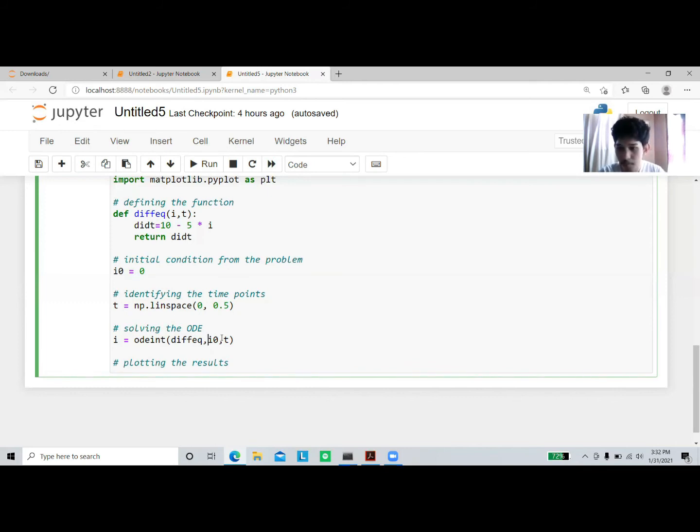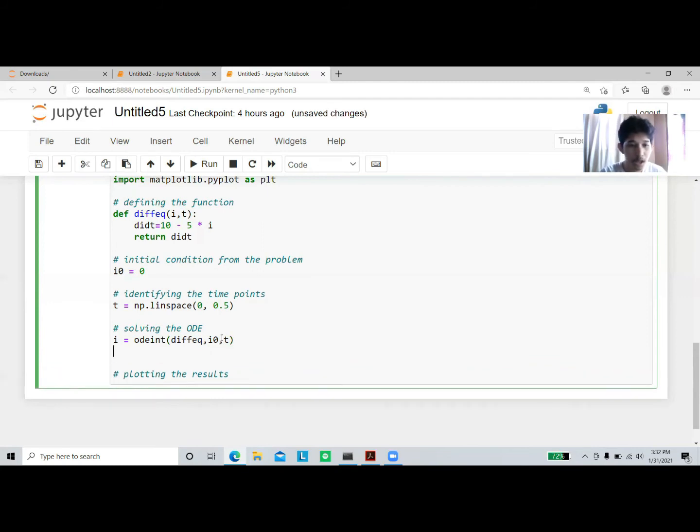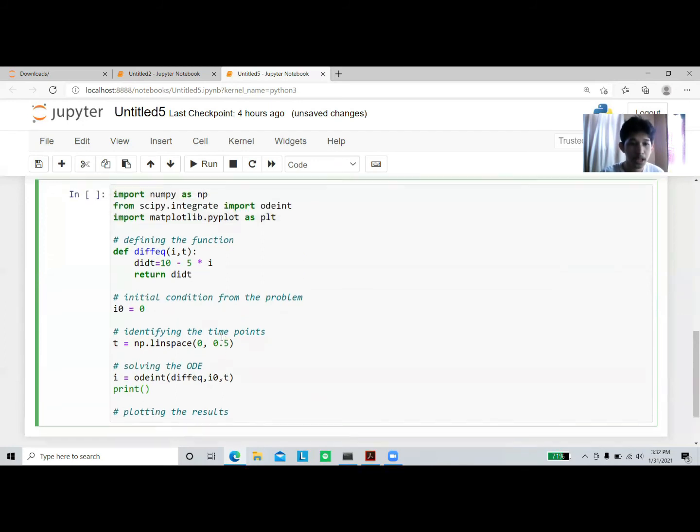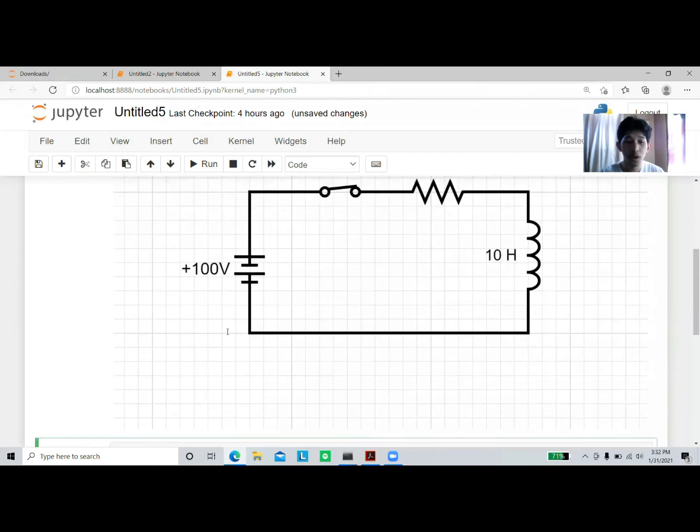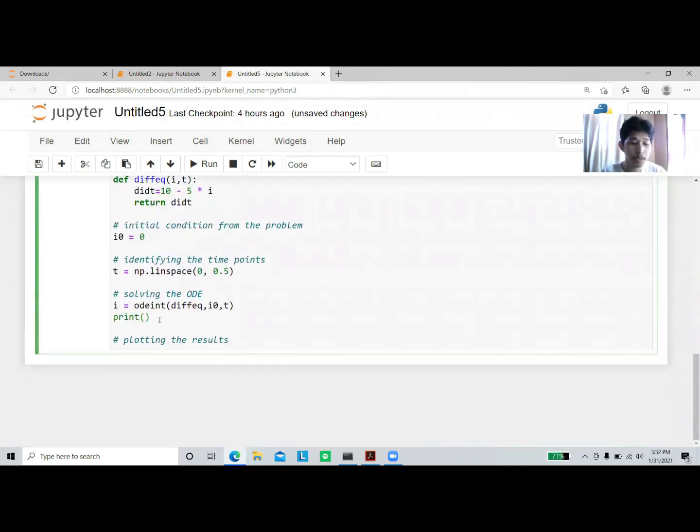After you have made this code, we want to print the value of the current at 0.5 second. To be able to obtain that, we'll be using a numpy function again, the np.where function.